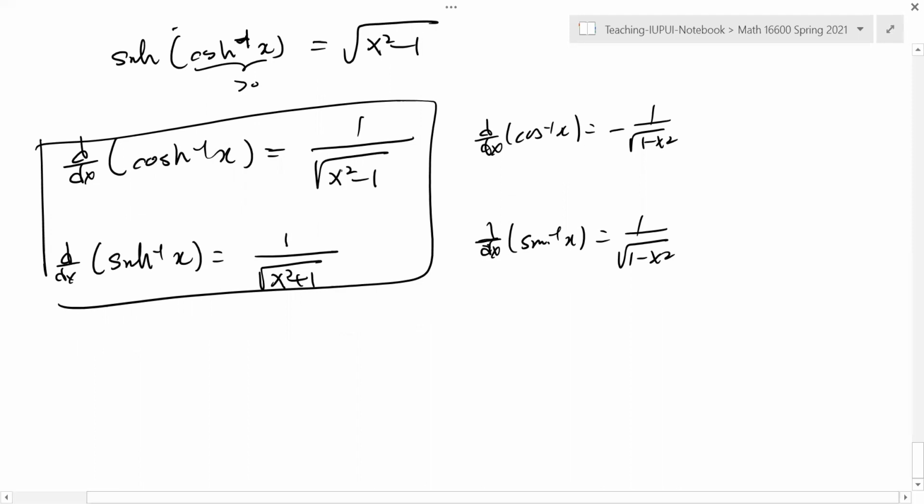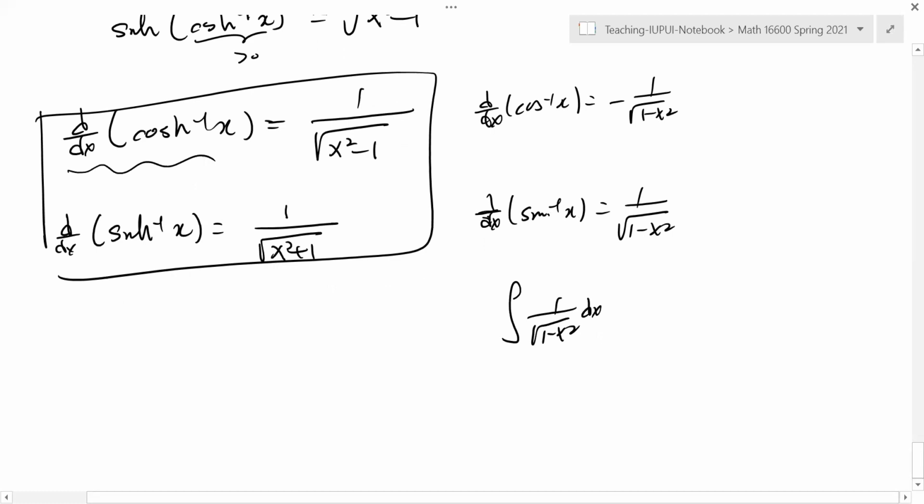So when you see 1 over the square root of x squared minus 1, you think, yes, this formula is necessary. It's not like on the right-hand side, where you don't need the hyperbolic cosine x, you just need the hyperbolic sine x. You don't need the arc cosine x, you just need the arc sine x.